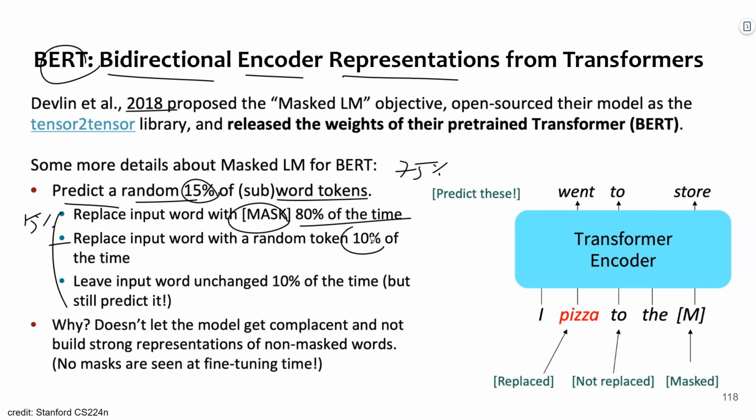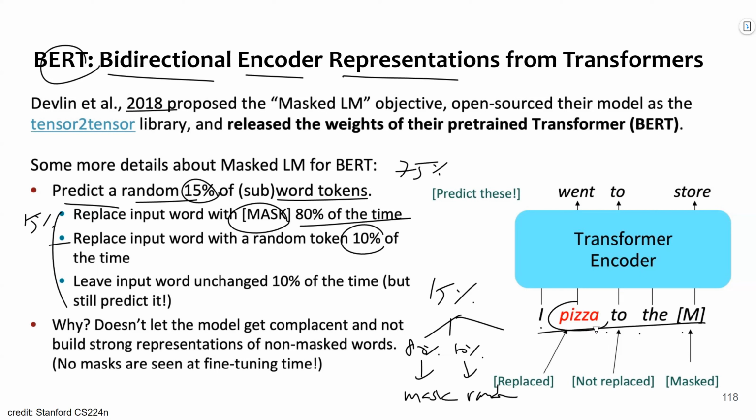And another 10% of the words are handled differently. Given the whole sentence, we select 15% of the words. Among these 15%, 80% become the mask token, and 10% become a random word. Here, I went to the store is the given input. However, went became pizza.